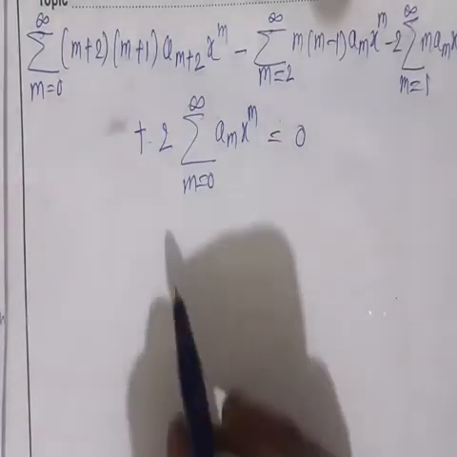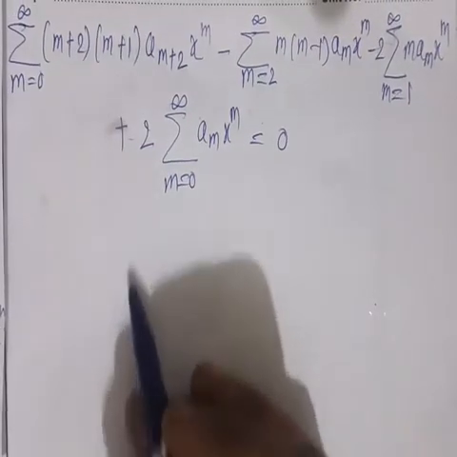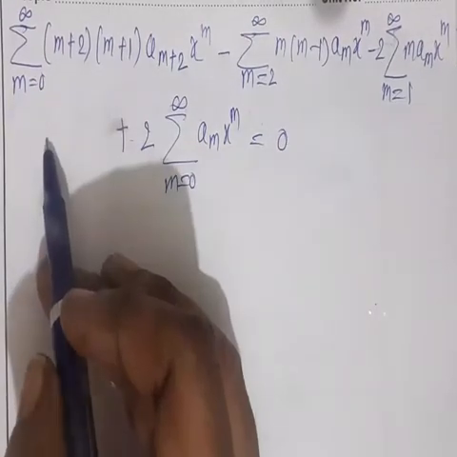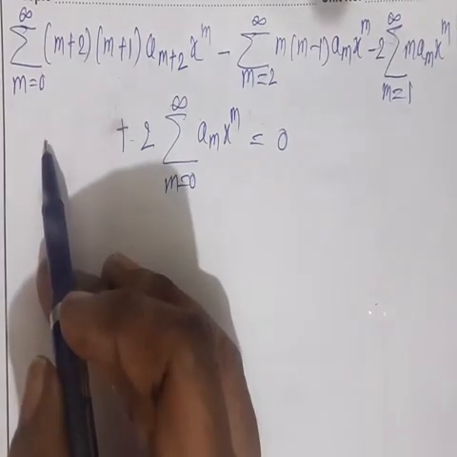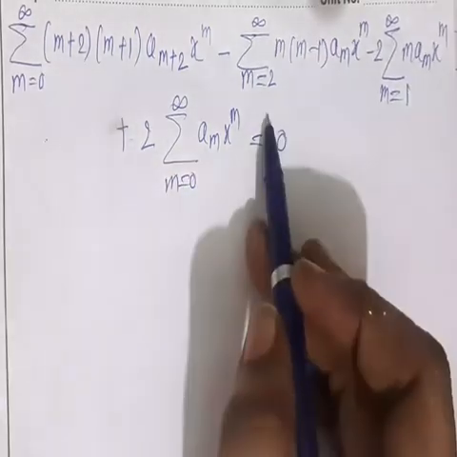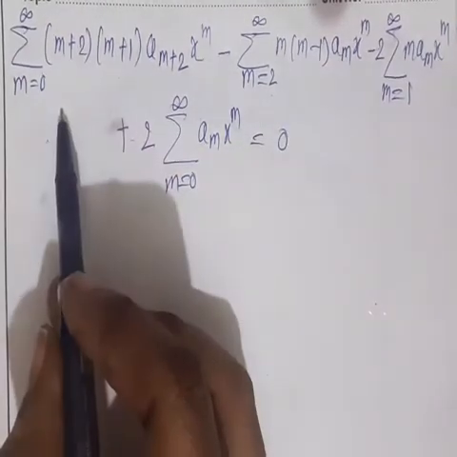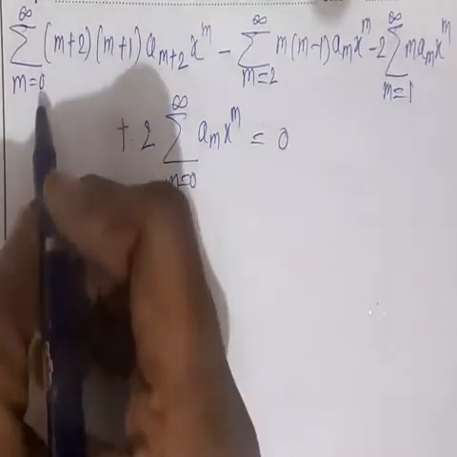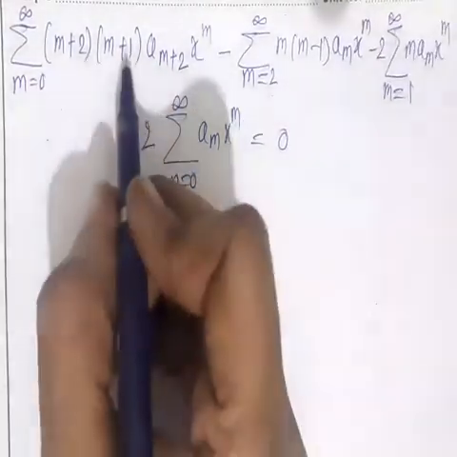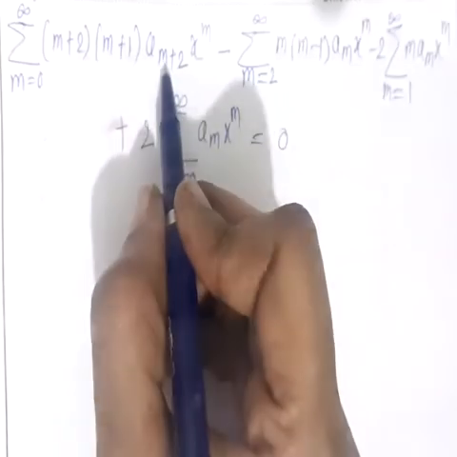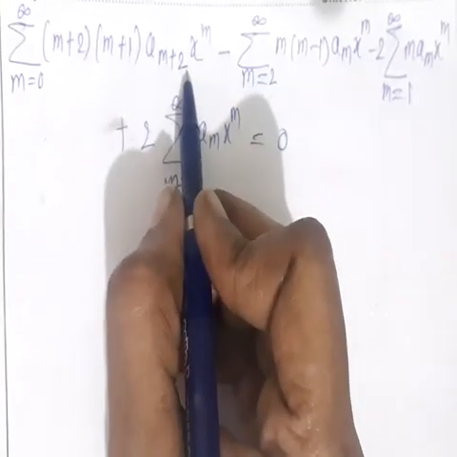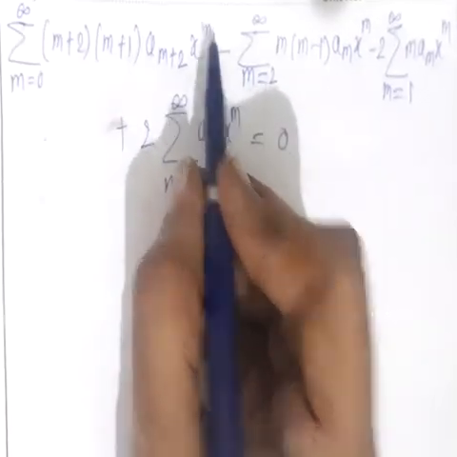Now see here, the first summation starts from m is equal to 0. The next summation starts from m is equal to 2. So the maximum is m is equal to 2. So in the first summation put m is equal to 0 and 1. If m is equal to 0, 0 plus 2 is 2, 0 plus 1 is 1, a of 0 plus 2 is a2, x to the power 0 becomes 1.